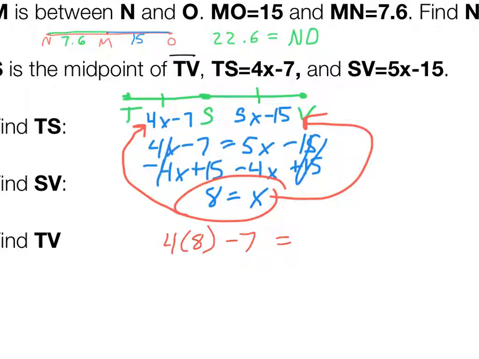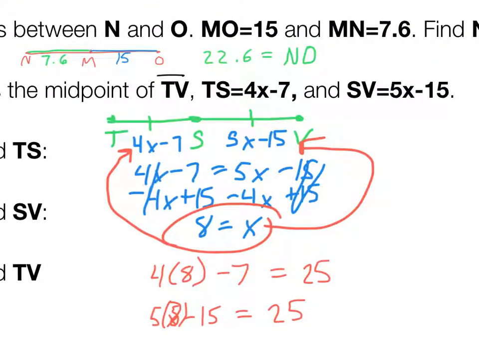Minus 7? 25. And then let's do the second equation, 5x minus 15. X is 8, so this would be 5 times 8 minus 15. What's 5 times 8? 40 minus 15? 25.